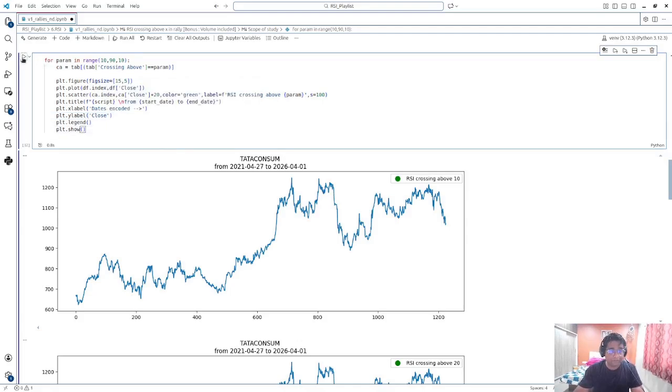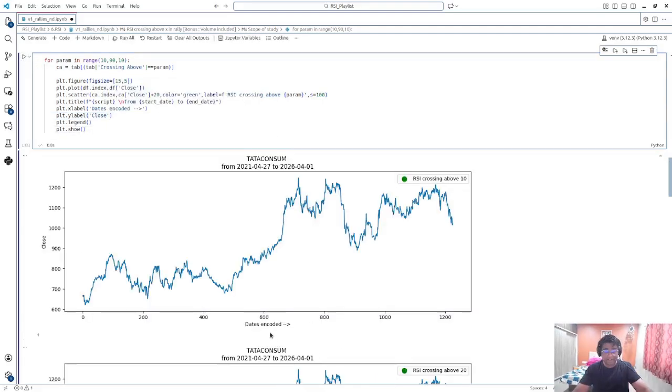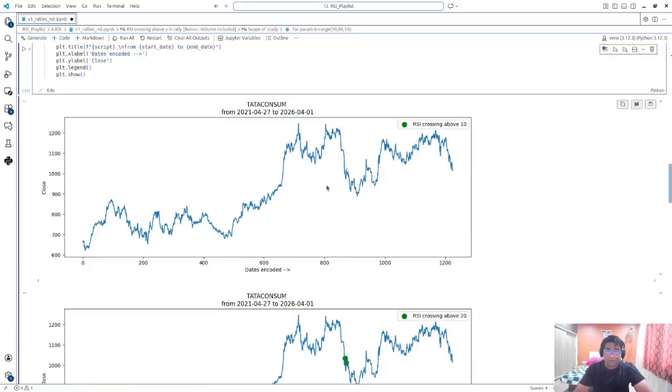Okay, so these are dates. The stock under study is Tata Consumer, and here you will not find any green dot because in this given data span, that is 27th April 21 to 1st April 26, there are no entries where RSI has crossed above 10.